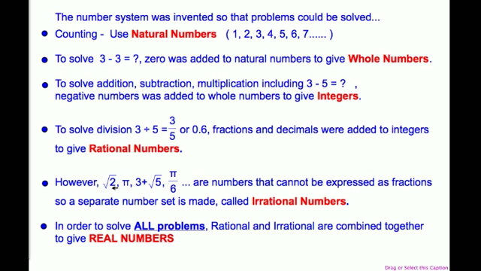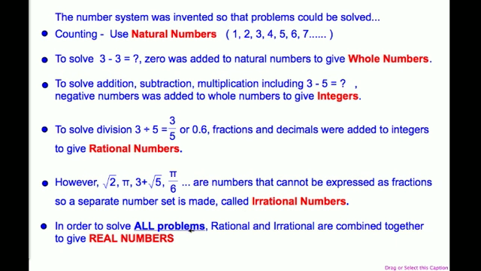However, there are some numbers like root 2, pi, 3 plus root 5, pi over 6, or any combinations of these, that cannot be expressed as fractions. So a separate number set must be made. We call them irrational numbers.